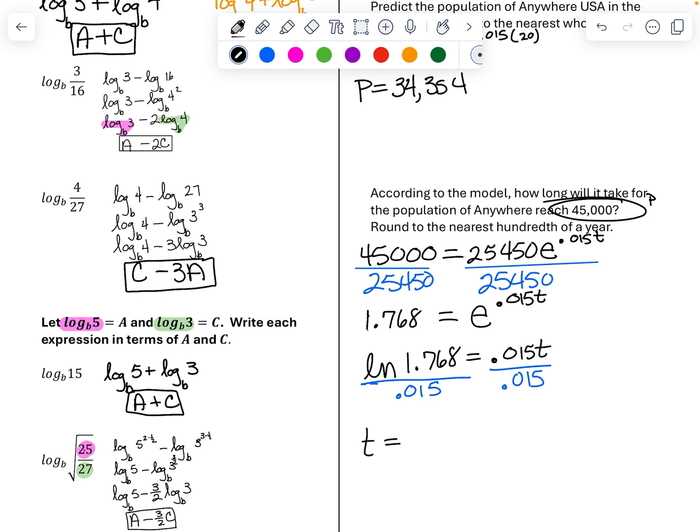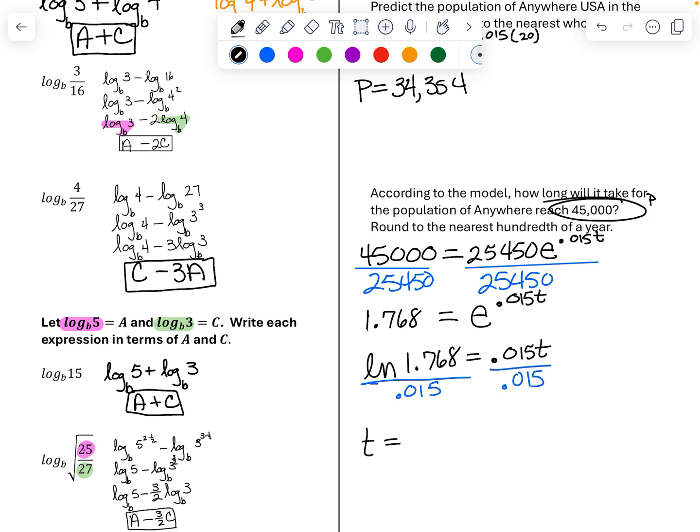So I'm going to say on my calculator, natural log of 1.768, and then I'm going to hit enter, and then I'm going to divide by 0.015, and I get 37.99 to the nearest hundredth of a year.